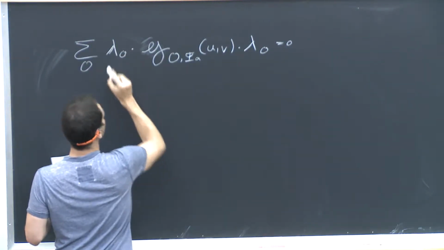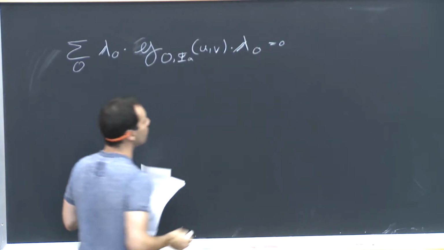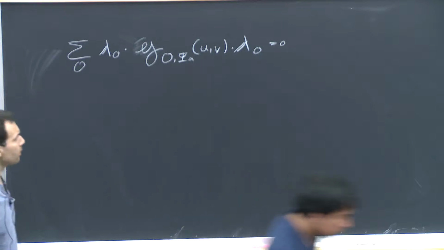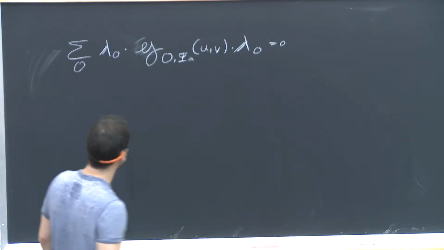Okay, so maybe I should put some little bars here. So this is the most general crossing equation. So what's this?